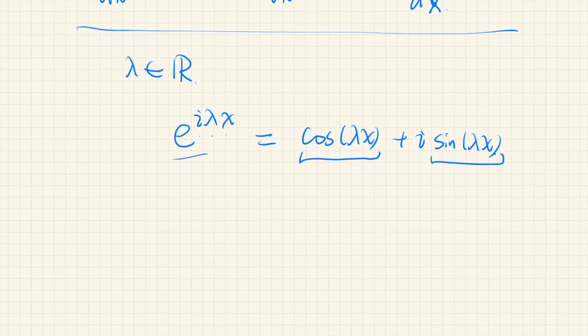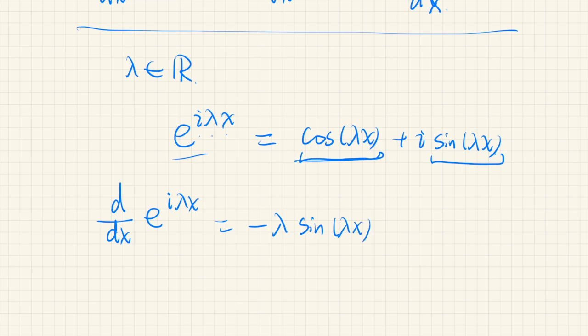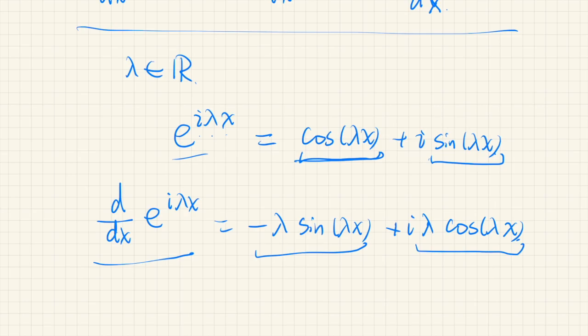So if we differentiate it, the derivative of this one is negative lambda sine lambda x, plus the derivative of this, which is i lambda cosine lambda x. So this is the derivative of the real part, and this is the derivative of the imaginary part. And the sum gives the derivative of this complex valued function.